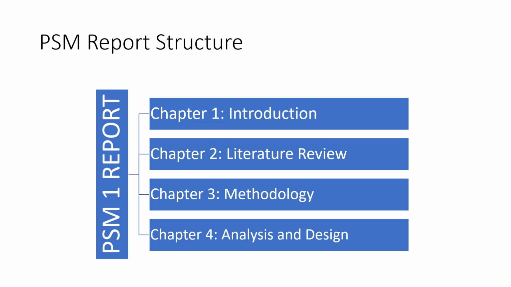So when you start with introduction, literature review, methodology, now is the time for you to produce the analysis and design. Basically, this chapter explains how the system is actually analyzed: the information you obtain, you analyze it and then do the design for the new system.